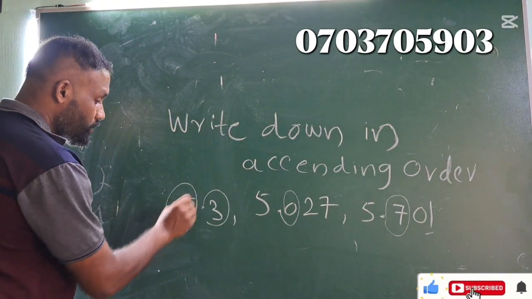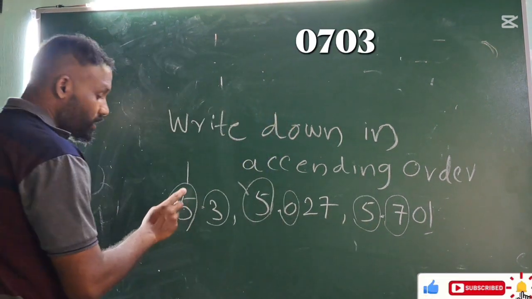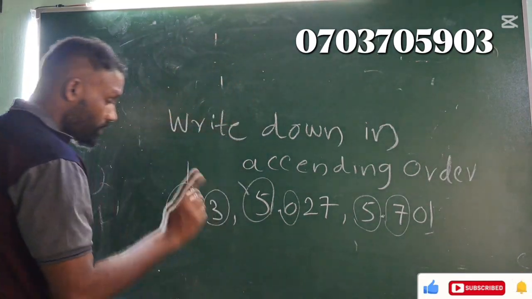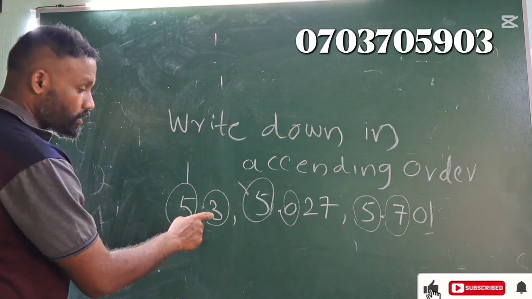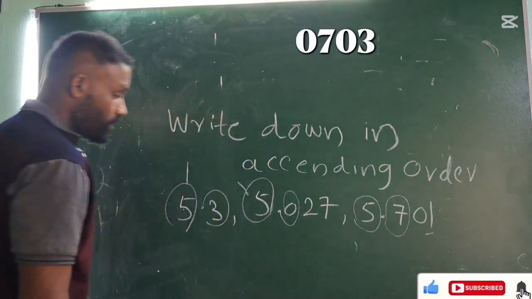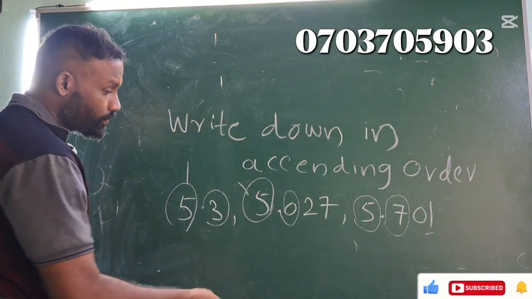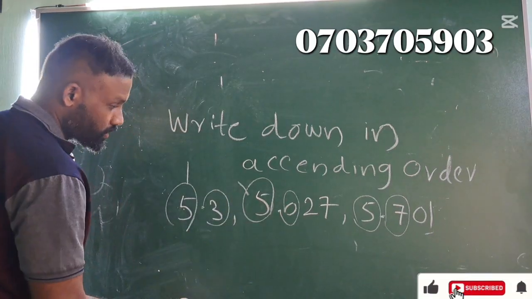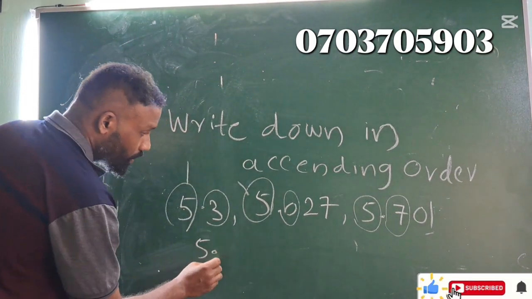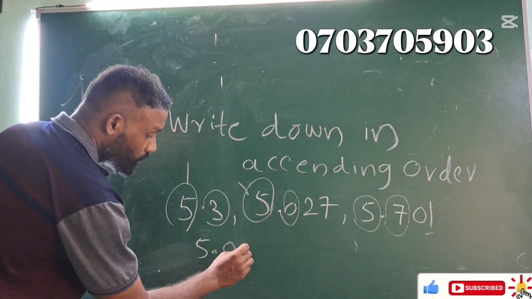The units place values are equal: here 5, here 5, and here also 5. Then this is the tenths place value: here 3, here 0 and there 7. So which one is the lowest? This one is the lowest, so this is the smallest number, 5.027.